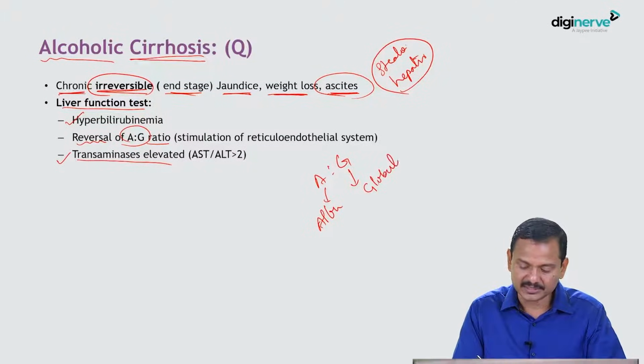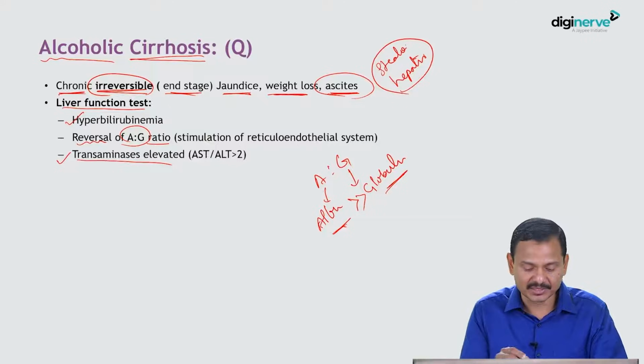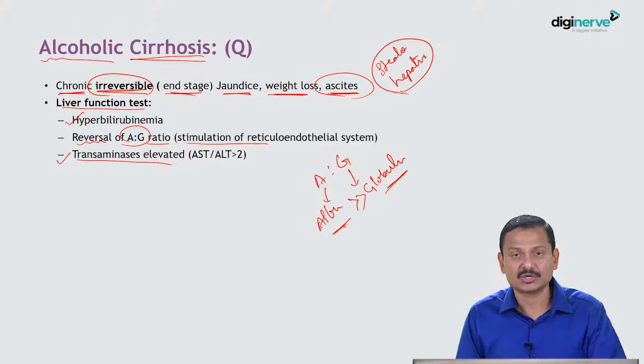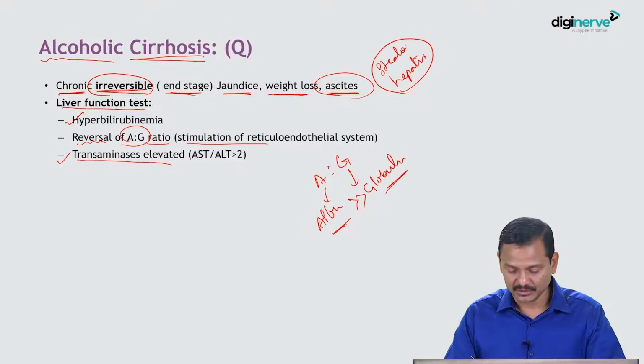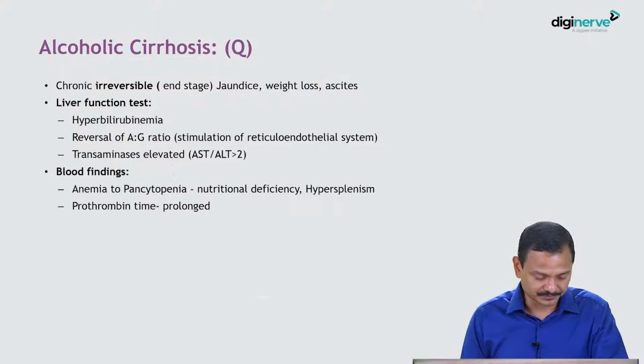Normally in serum, albumin is much more than globulin, but in cirrhosis, because of the stimulation of the reticuloendothelial system, there is a reversal of the A:G ratio, or you can say G is more than A in case of cirrhosis.